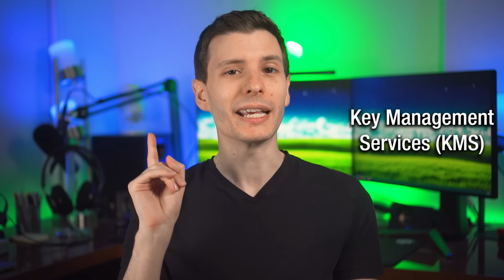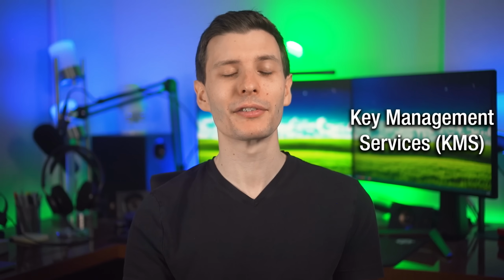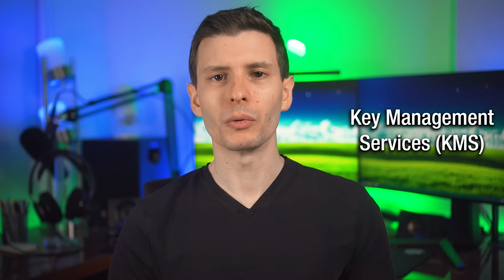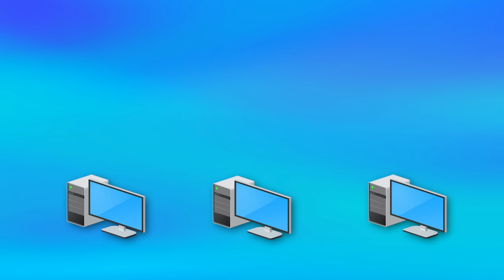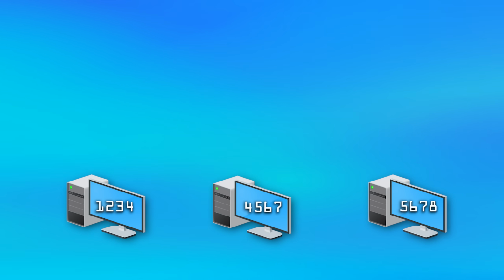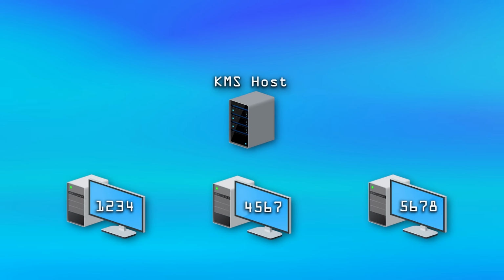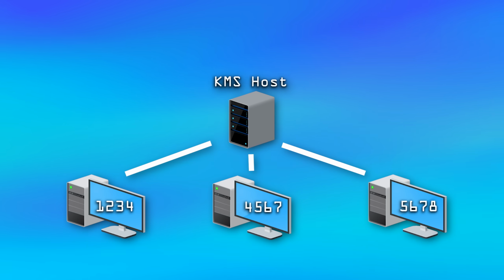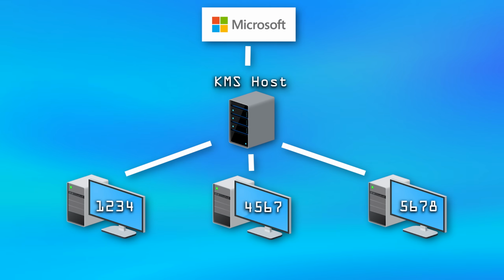But then there's the Key Management Services, or KMS, and this is where those generic keys come in. Now, how this type of authentication works is instead of each computer, you type in a key and it authenticates with Microsoft directly and activates Windows, you actually have a KMS host, it's called, which is a server for your whole organization, and all the computers activate through that, your own activation server, and then the activation server is what activates with Microsoft directly.